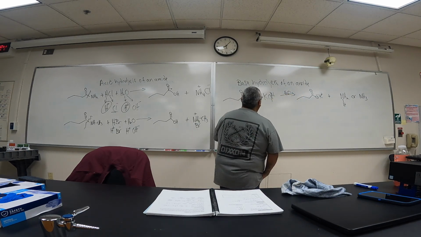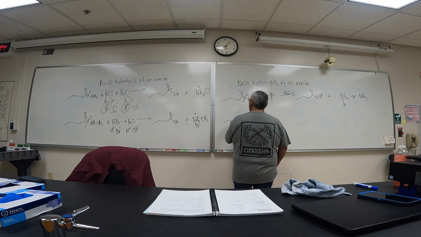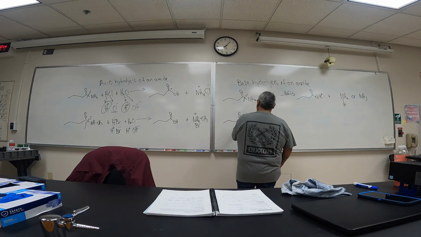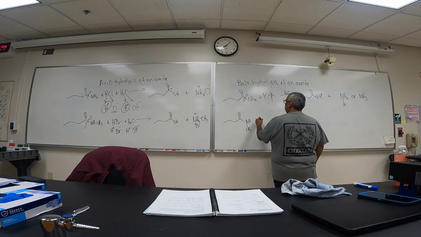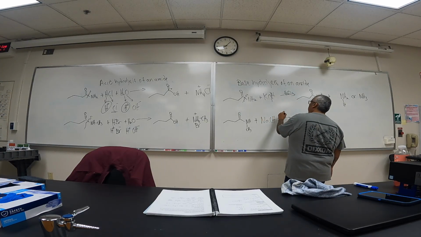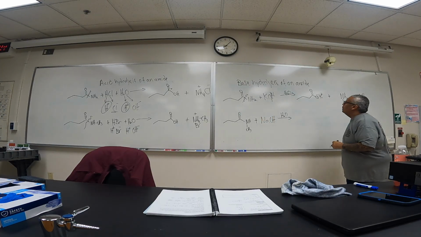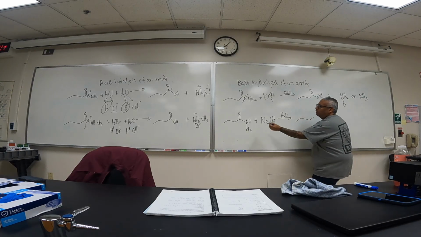Let's do one more. Yeah, let's do one with a branch. Let's use sodium hydroxide. So we're going to get base hydrolysis here. Let's just separate them first, because this is the bond that we're going to break.